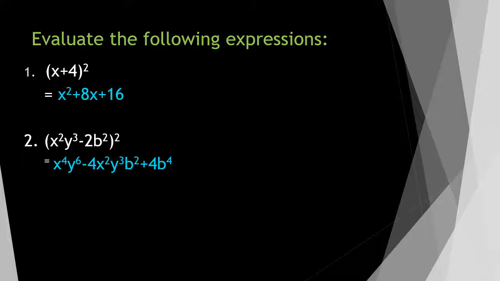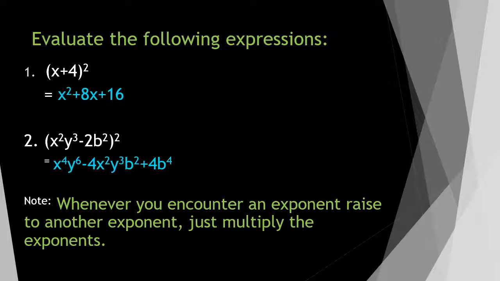And if you're wondering why it is positive on the last term, since it is squared, negative squared, given a negative number, if you're going to square it, its answer will always be positive. Note, whenever you encounter an exponent raised to another exponent, just multiply the exponent, as I've said a while ago.